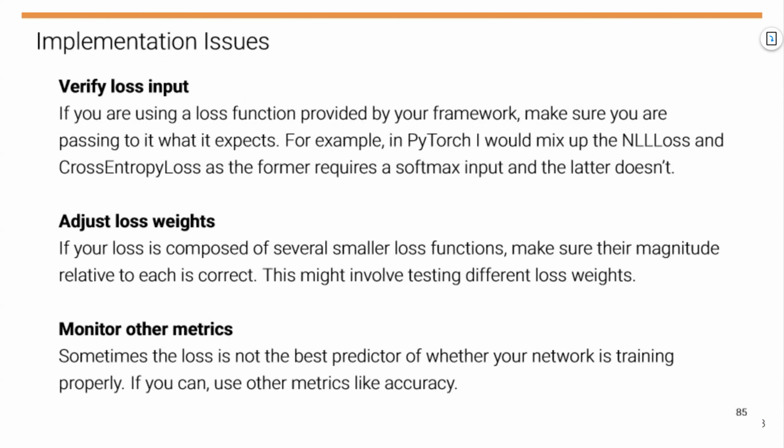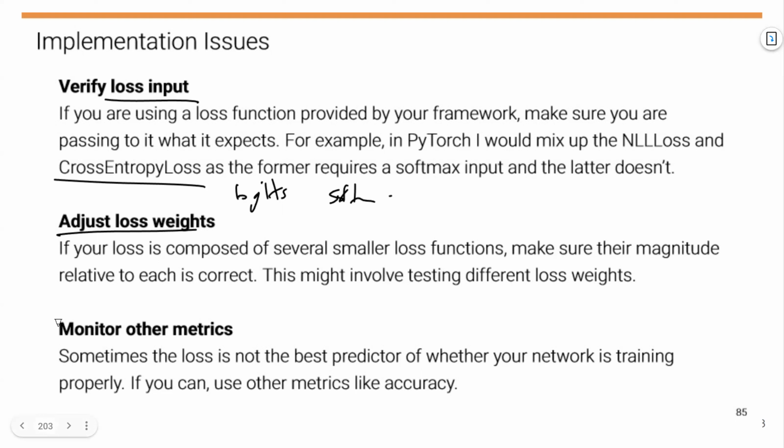And you also need to check the loss input. Like, for example, cross-entropy loss might take in logits or softmax outputs. You need to check the document and see what this loss function is accepting. You also need to adjust loss weights when you are employing several loss functions.